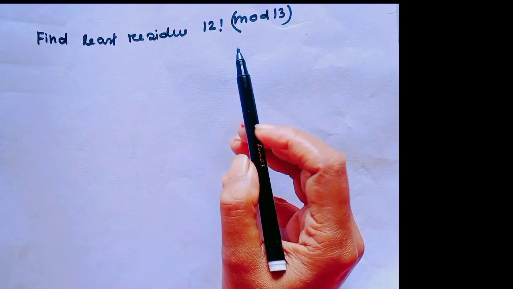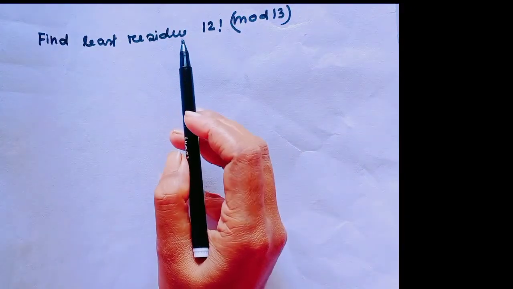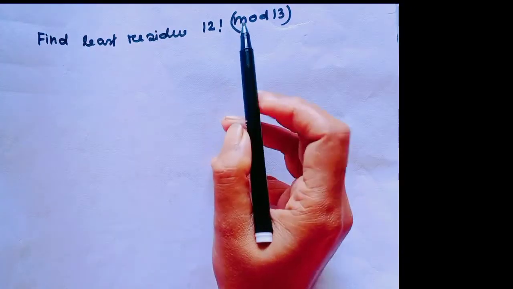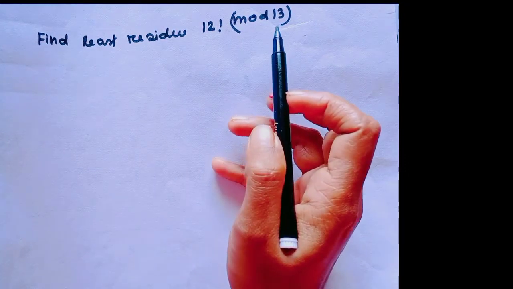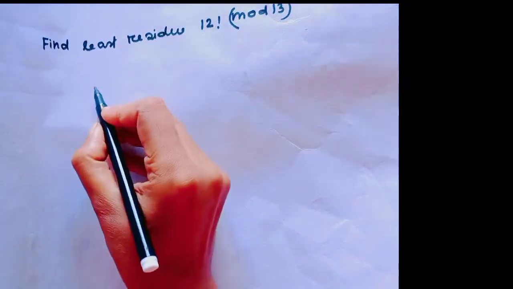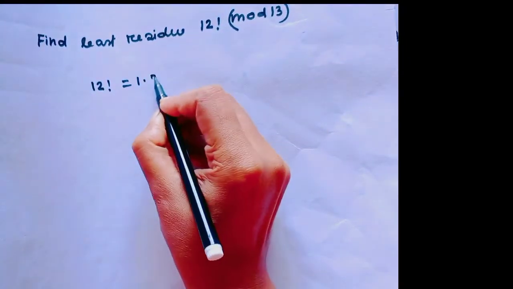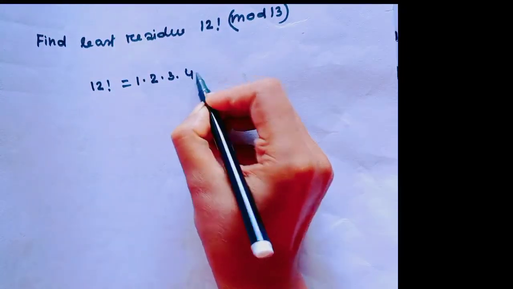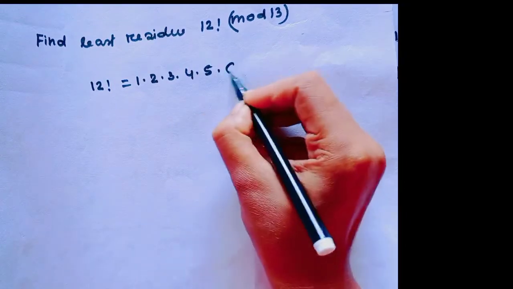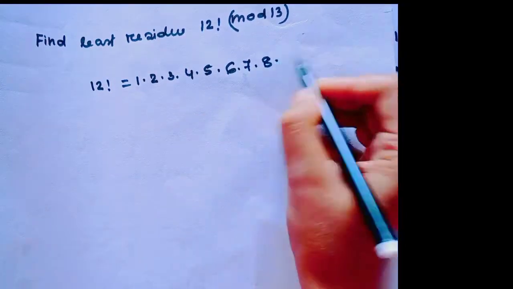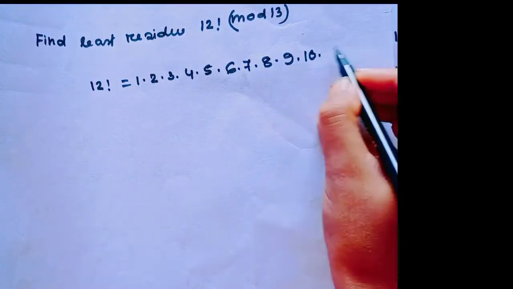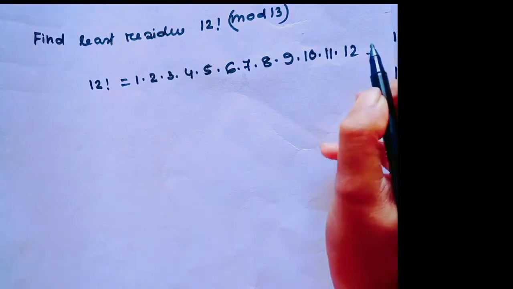Now, the interesting example: find the least residue of 12 factorial modulo 13. We all know 12 factorial equals 1 times 2 times 3 times 4 times 5 times 6 times 7 times 8 times 9 times 10 times 11 times 12.